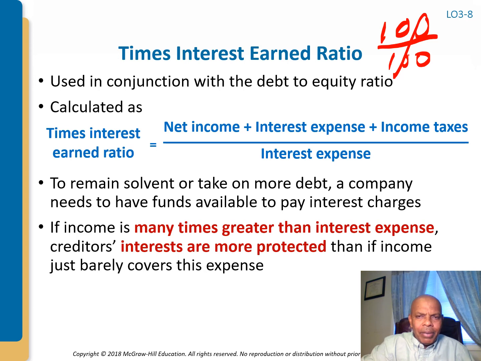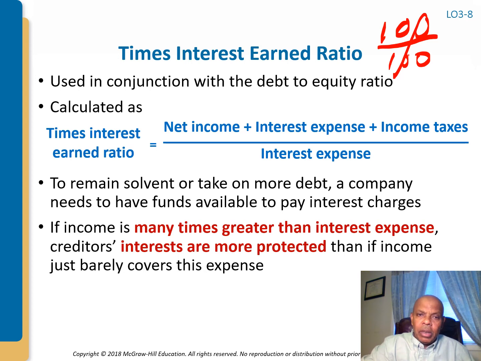If your income is already being used to pay your interest, so no profits after deducting interest expense, they're not going to lend you money. They'll say, okay, I don't get interest, but what about my principal? They're not willing to lend you money if you are in this kind of situation.